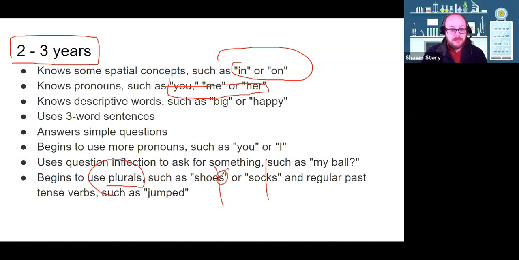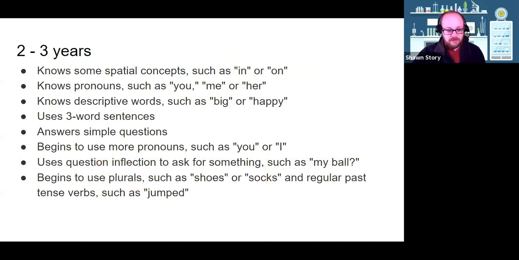Tooth, tooths, and they start adding s's to all of their words to make them plural. And then later, within like a year or so, they start realizing, no, we have irregular plurals too: foot, feet, tooth, teeth. And they start learning these too, which is super interesting, that they pick up on that grammatical rule really quickly, and the brain makes those connections.